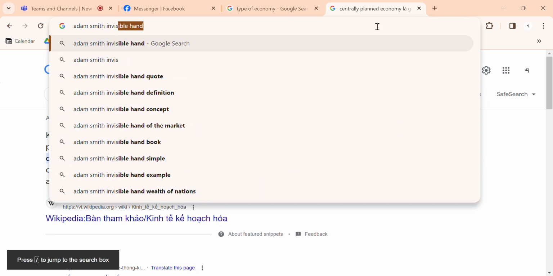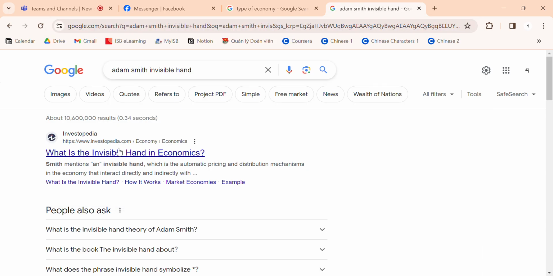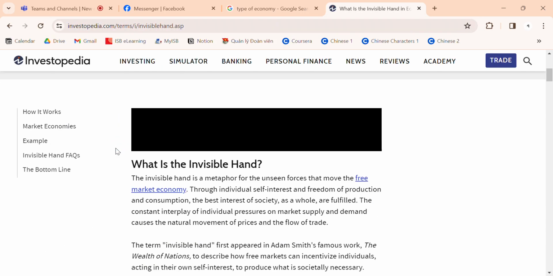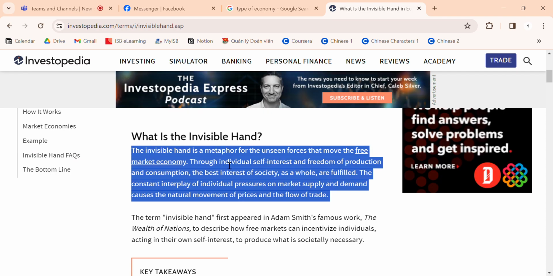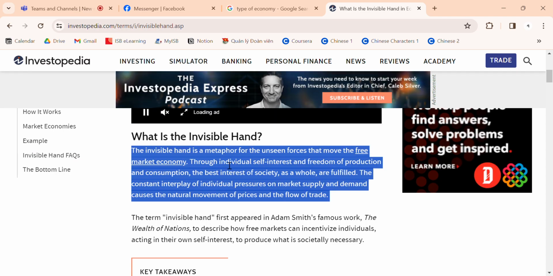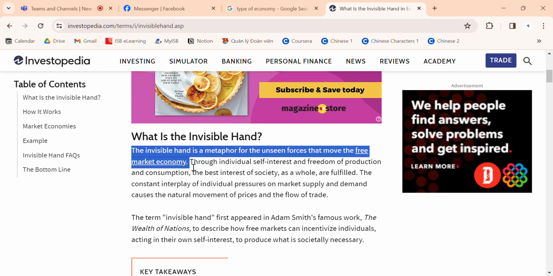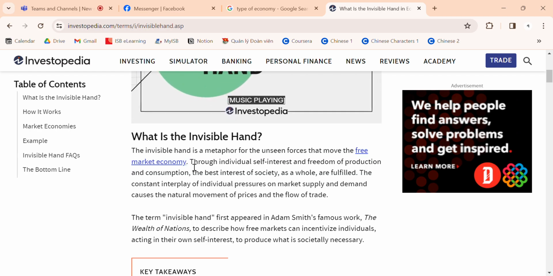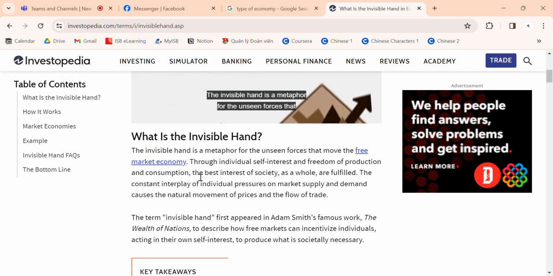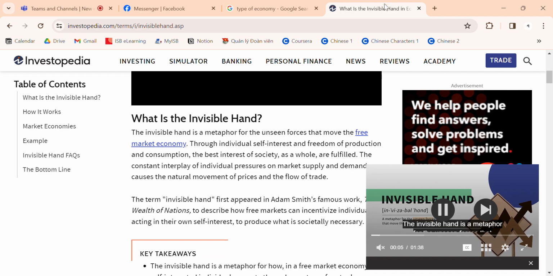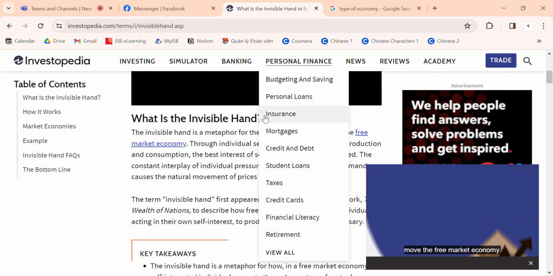Right. So, hand means the force of someone, but that force is invisible. We don't see it. Why do we need that idea? Because sometimes the market may be inefficient, and we need some other factors to come together and bring the market into equilibrium or efficiency.